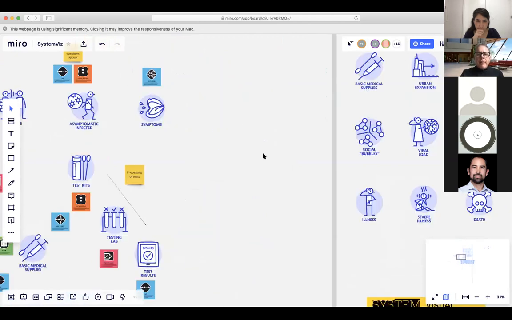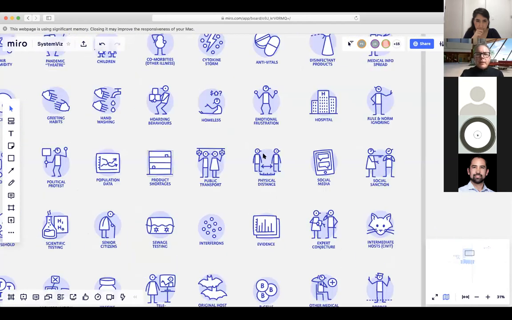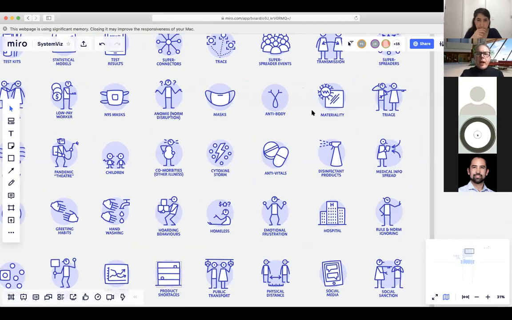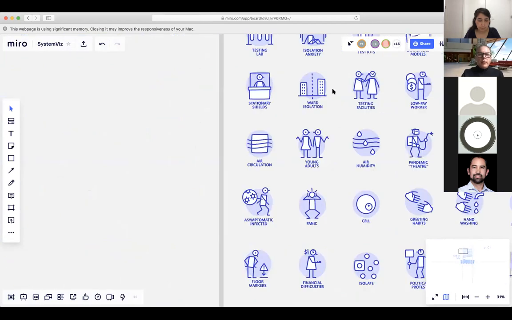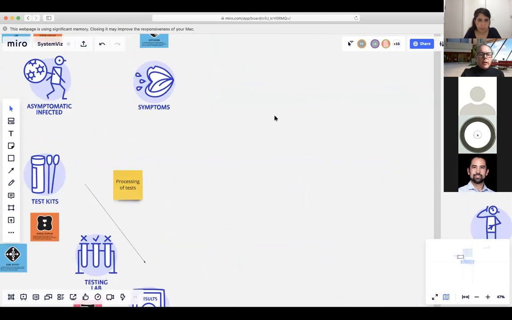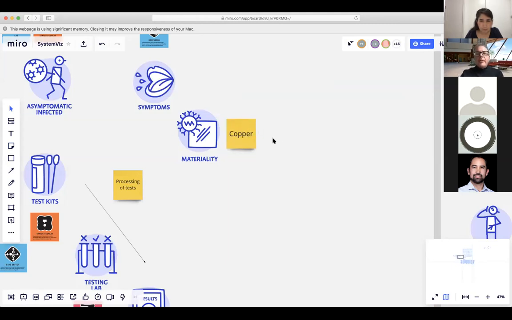Although interestingly, one of the things we also learned from research evidence is that certain types of surfaces will cause the virus to be damaged. One example of that is copper. So if you've got a surface made of copper, like door handles made of copper, the virus will more or less be killed instantly.